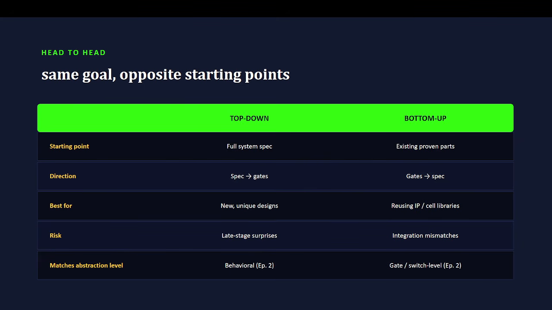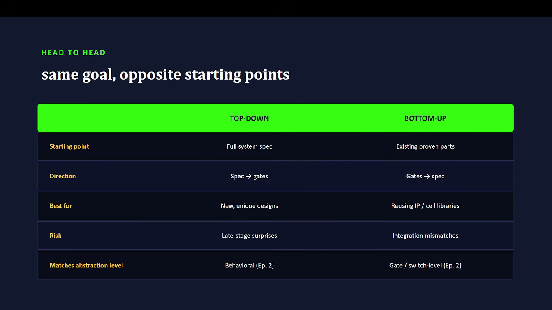Now, the comparison between top down and bottom up. Starting point: top down starts with the full system specification, bottom up starts with existing proven parts. Direction: top down goes specification to gates, bottom up goes gates to specification. Best for: top down shines on new, unique design when nothing like it exists yet. Bottom up shines when you are reusing IP or standard cell libraries.